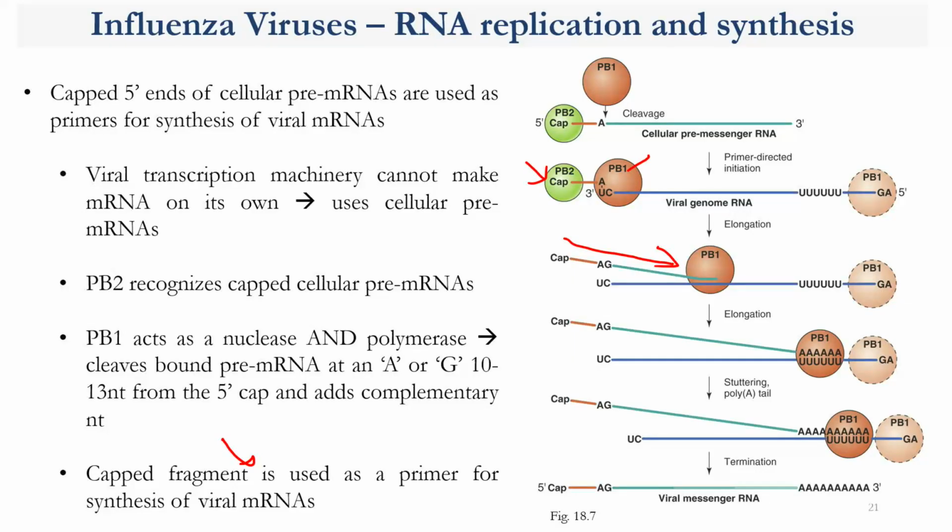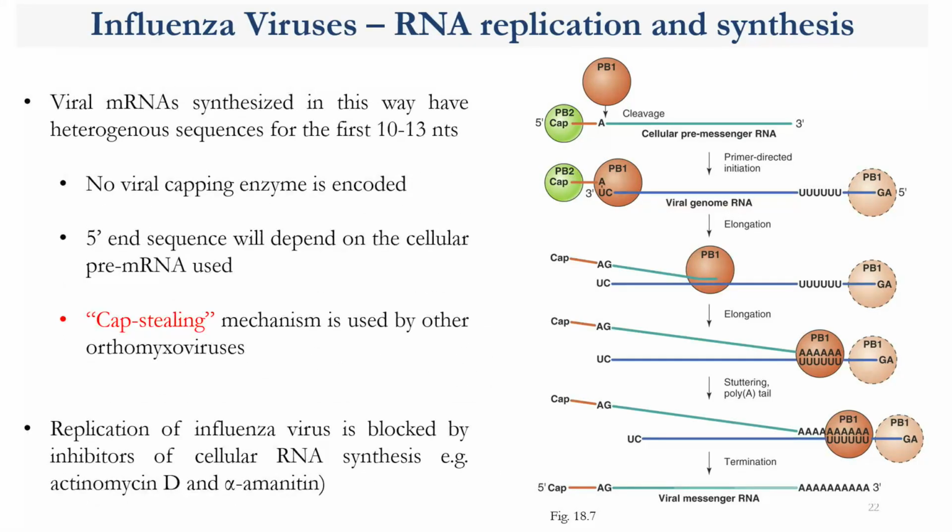All right. So let's go through this process step by step. One thing to keep in mind here is that the viral mRNAs that are synthesized using this method have a heterogeneous sequence for the first few nucleotides, because each of these comes from a pre-mRNA cap, and these enzymes don't care which pre-mRNA they take.